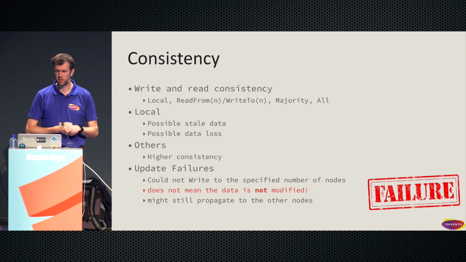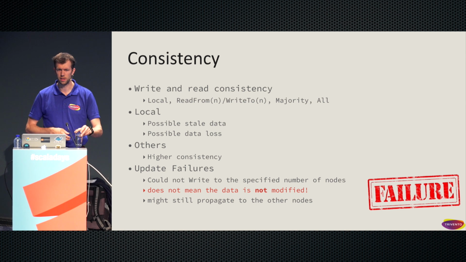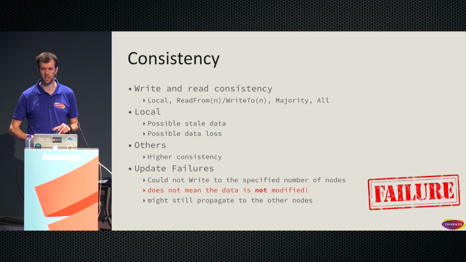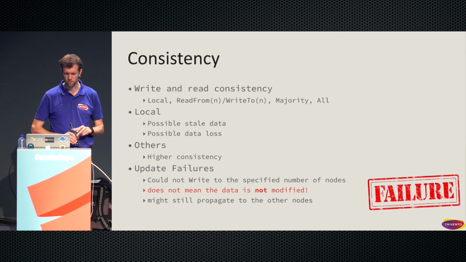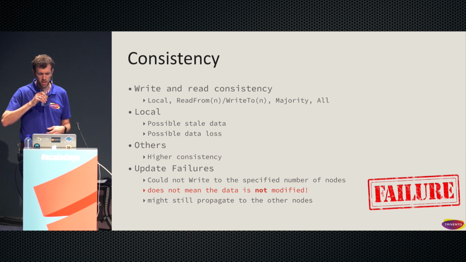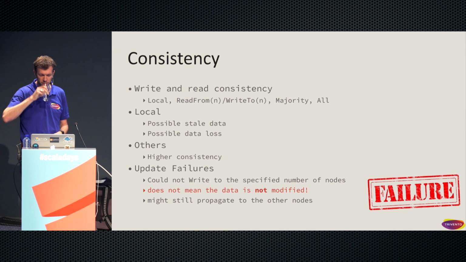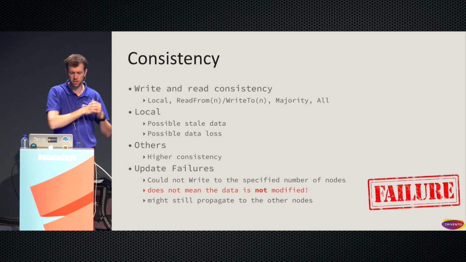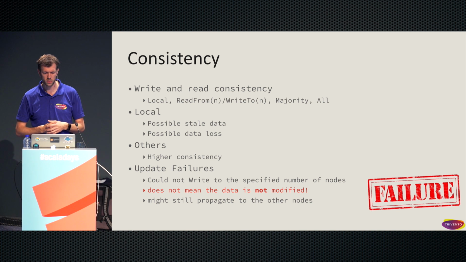So I mentioned consistency, but I also talked about that this is not about strong consistency, it's about eventual consistency. So what does this consistency mean? You can specify a write and a read consistency, and there are different things you can specify. As mentioned in the previous slide, you can say, I'll only apply it on the node I send this information to, on my own local node.